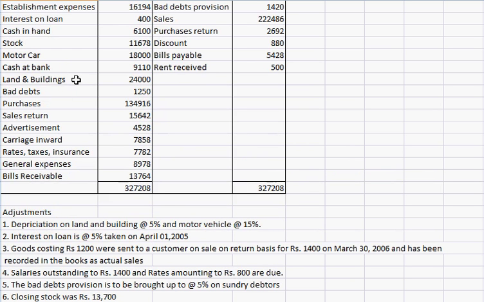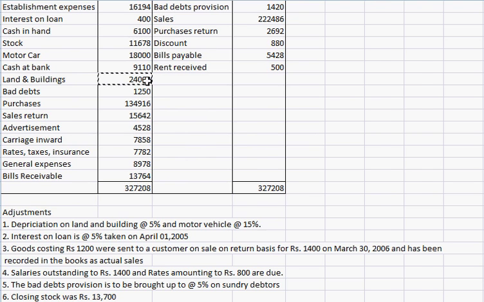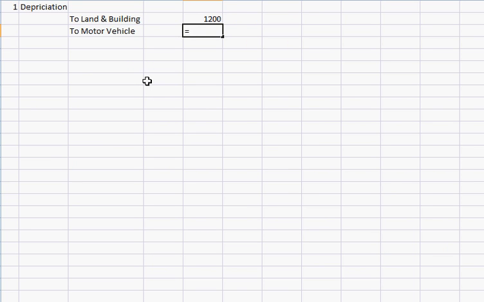Let's go back, and here we have land and building that is 24,000. 5% depreciation for this would be 1200. So you can just use this formula, and that would make our calculation more precise.